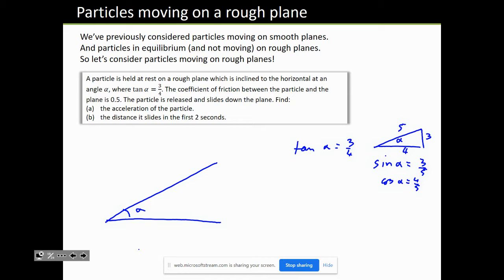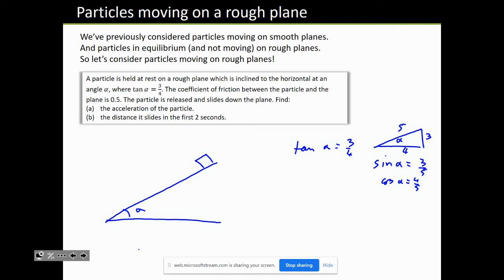The coefficient of friction between the particle and the plane is 0.5, and the particle is released and slides down the plane. So we have our particle, and we're not given a mass in the question.